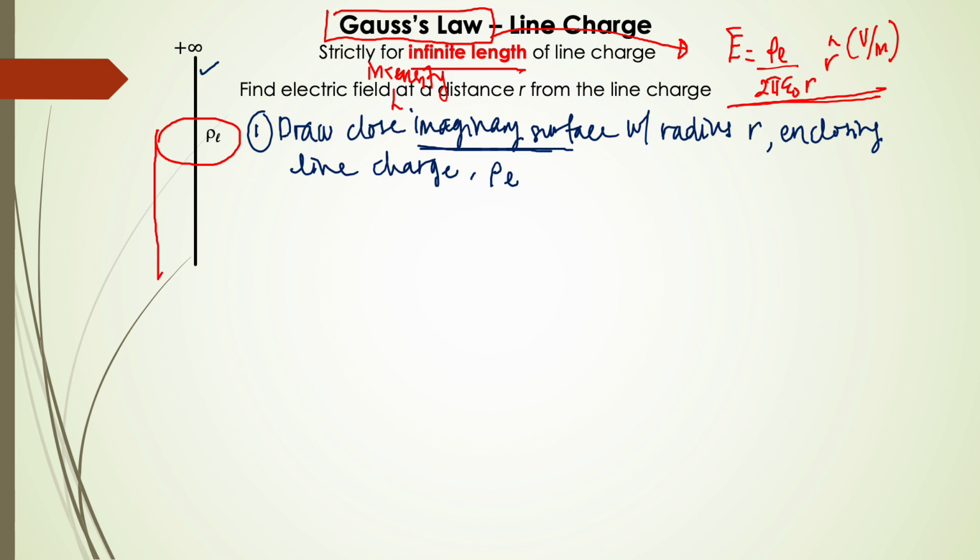So we can draw the cylinder and make sure inside the cylinder it contains this line charge. Now we can apply Gauss's law. If you still remember, the formula is given as the closed surface integral of D dot dS is equal to Q enclosed.